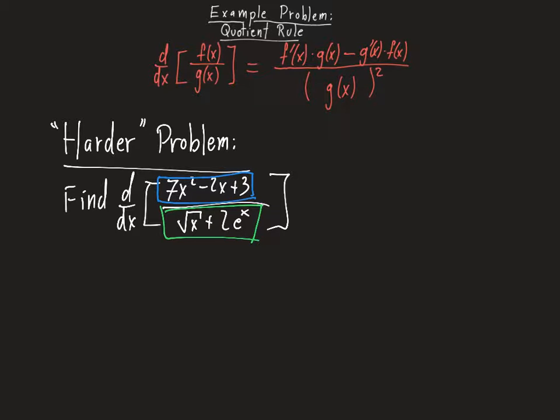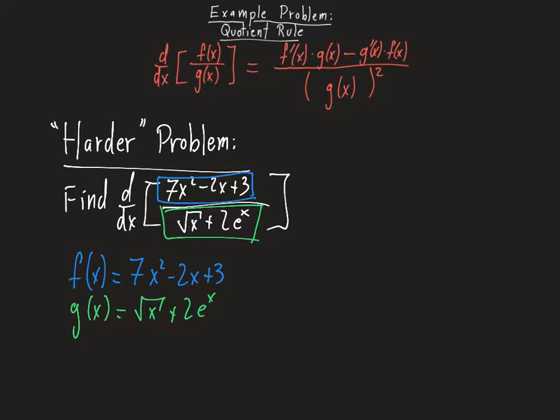And let's go ahead and write those out. So in blue we have our function f of x, which is equal to 7x squared minus 2x plus 3. And in green we have our function g of x, which is equal to square root of x plus 2e to the x.